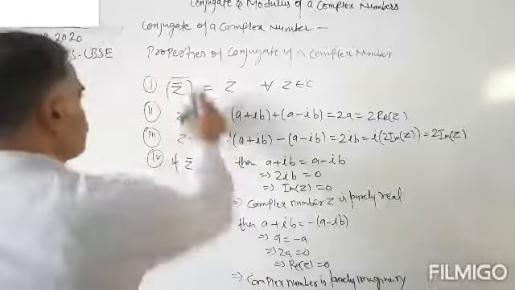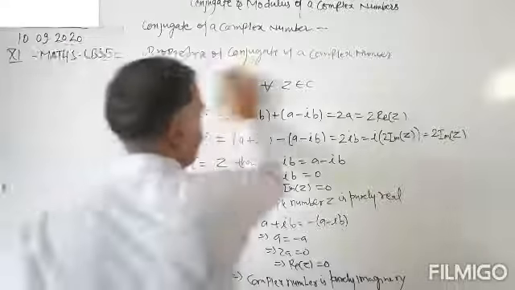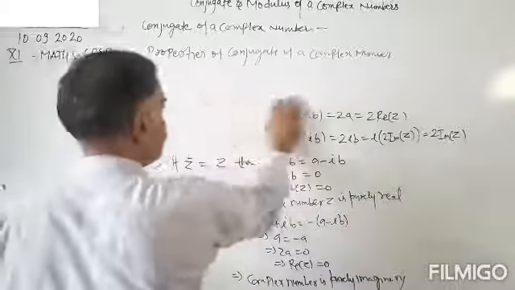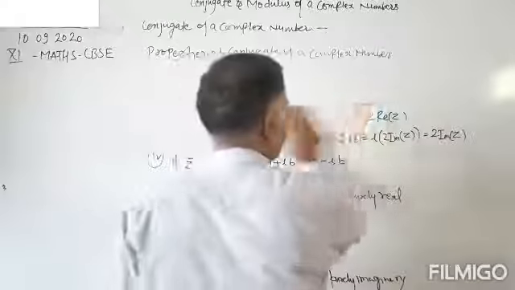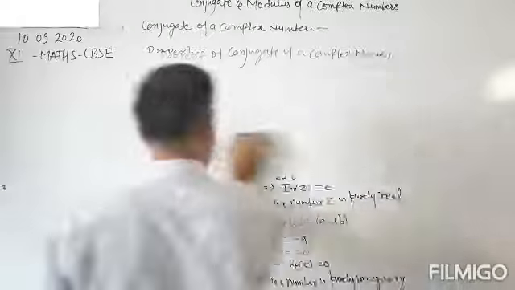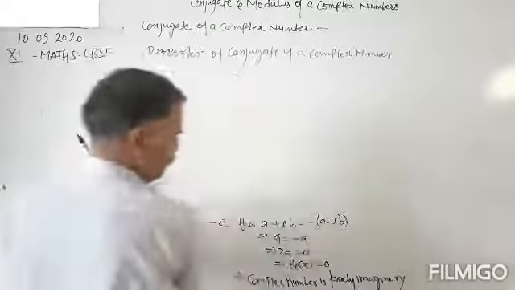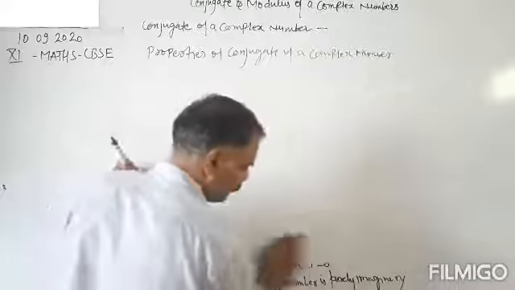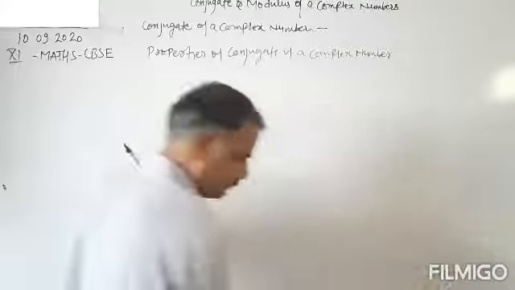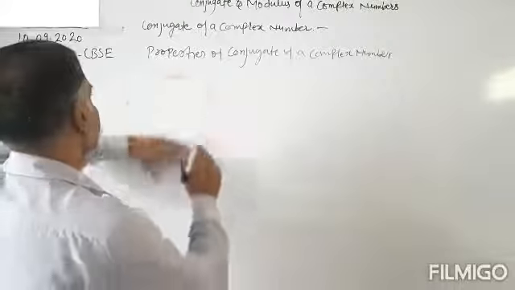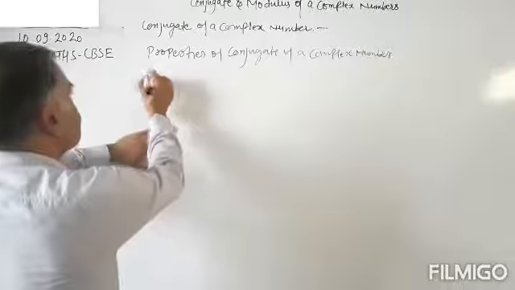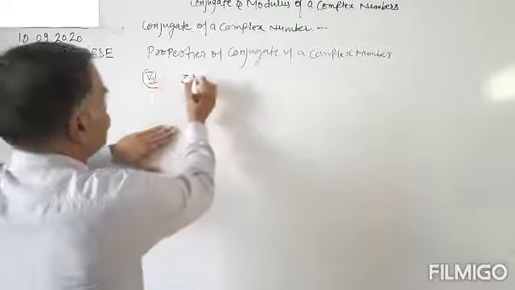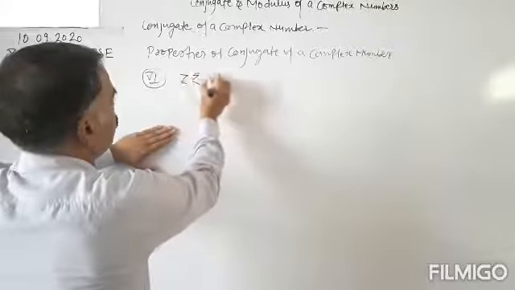Okay, now let us discuss another property. Property number 6 of the conjugate of complex numbers is z into z bar.